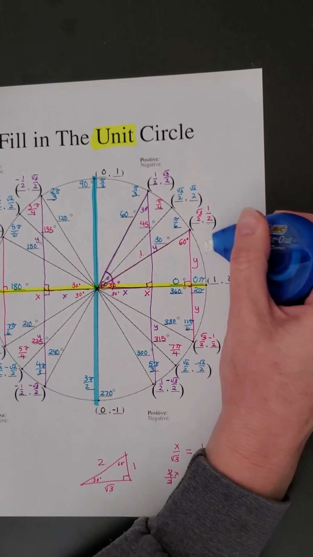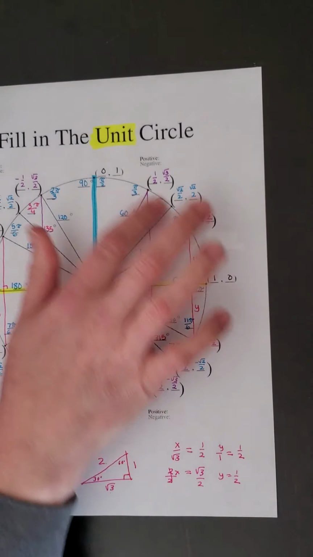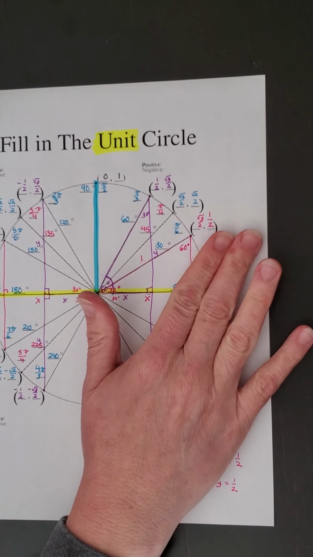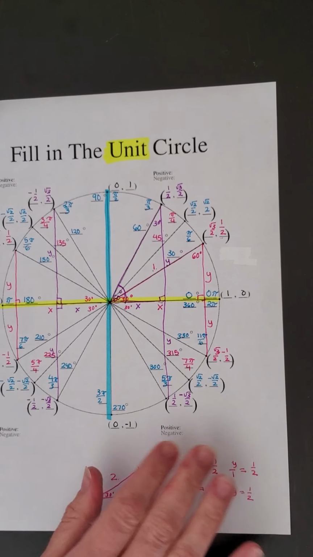So from this set of notes, what you should be able to do, I'm going to get rid of this guy so that there's no writing over here, is fill in your unit circle. So the homework tonight, everybody's paying attention, right? The homework. I'm going to flip this over.